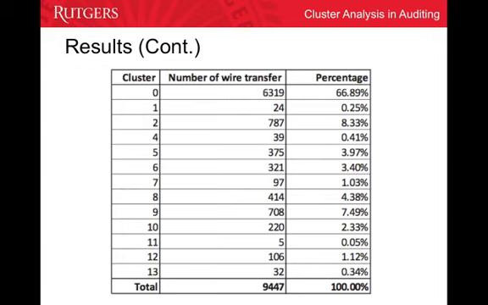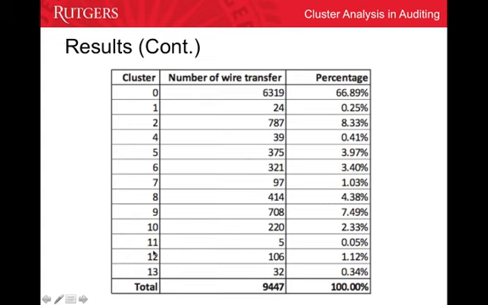The clusters which fall into this category are cluster 1, cluster 4, cluster 7, cluster 11, cluster 12, and cluster 13, with cluster numbers as 24, which is 0.25%, and 39, which has 0.41%, and 97, which is 1.303%.